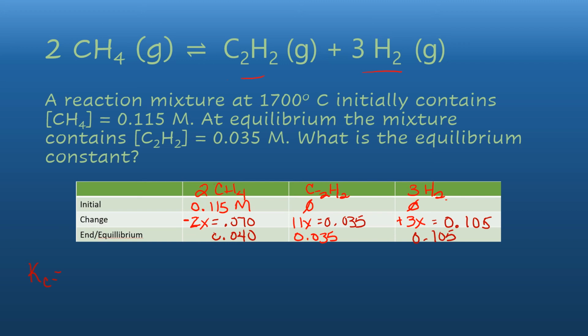Kc is going to be equal to the concentration of C2H2 first, times the concentration of H2 cubed, because there was the coefficient of 3 for H2, divided by the concentration of methane, and it is squared.